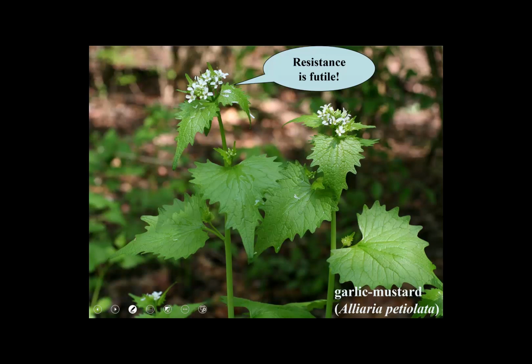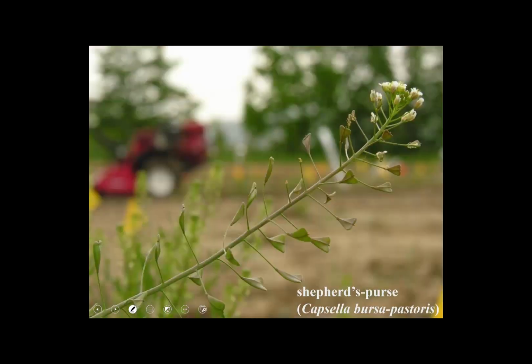And it's got these heart-shaped leaves. It's a biennial. First year it makes a rosette, and the second year it bolts and flowers and fruits and then dies. And we wish it would die before that, because it's very abundant in some woodlands. A lot of management efforts go to pulling up garlic mustard, Alliaria petiolata.